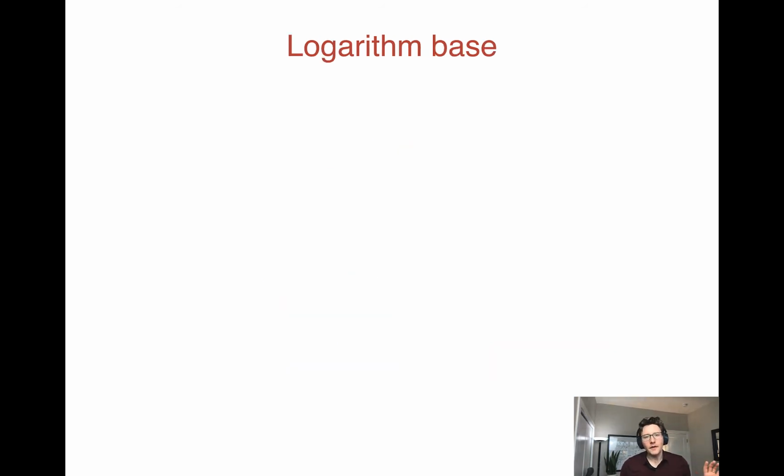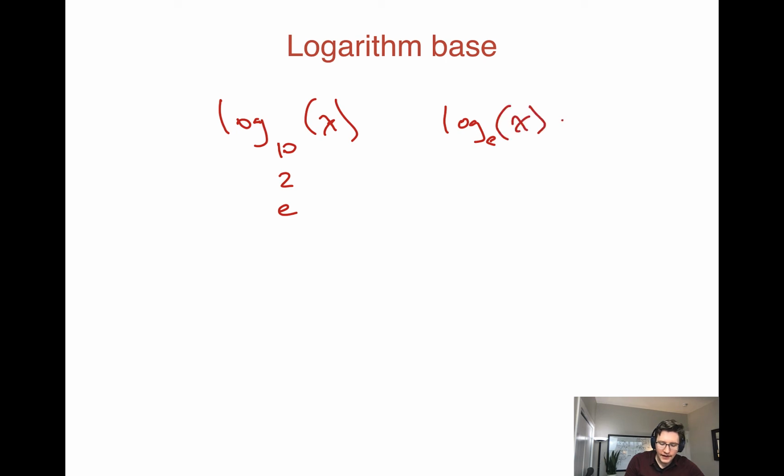One note about the base of the logarithms we're using. You'll note that when I write log of x like this, I haven't been writing what the actual base of the logarithm is. In practice, you'll see a couple different bases. Log base 10, base 2, or base e are the most common. When we write log base e, that's the same as writing ln, the natural log.